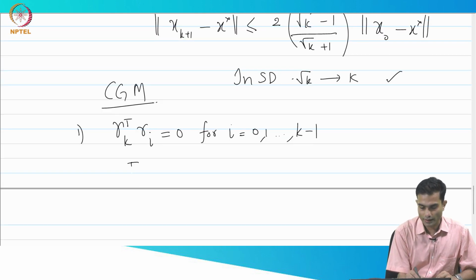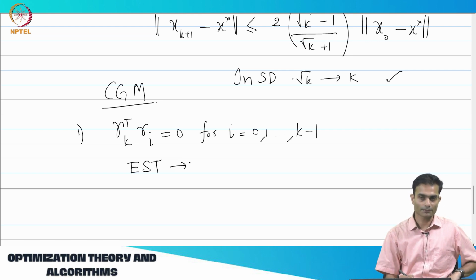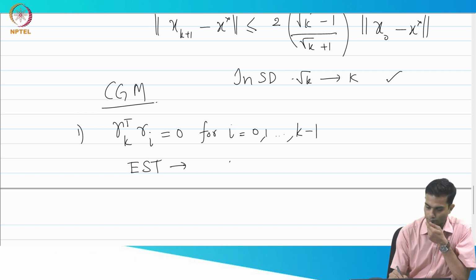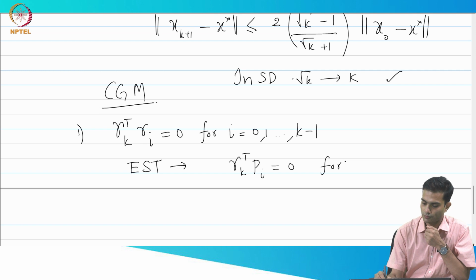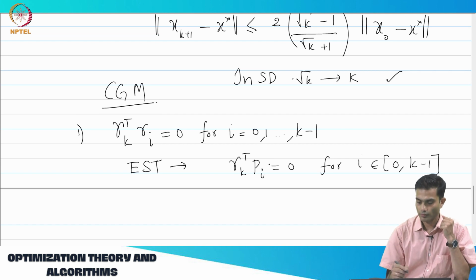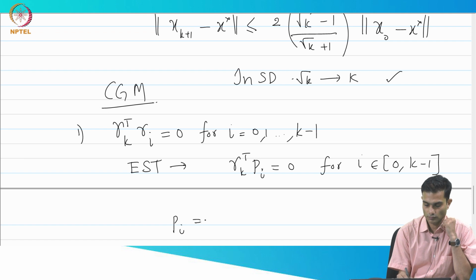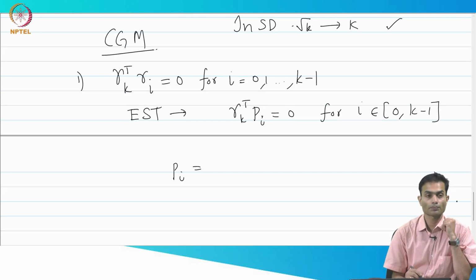If you take our expanding subspace theorem, what was the statement of this theorem? Can someone remind me? R_k transpose P_i is equal to 0 for i belonging to 0 to k minus 1. Okay. What is the definition of P_i? By now we should know.